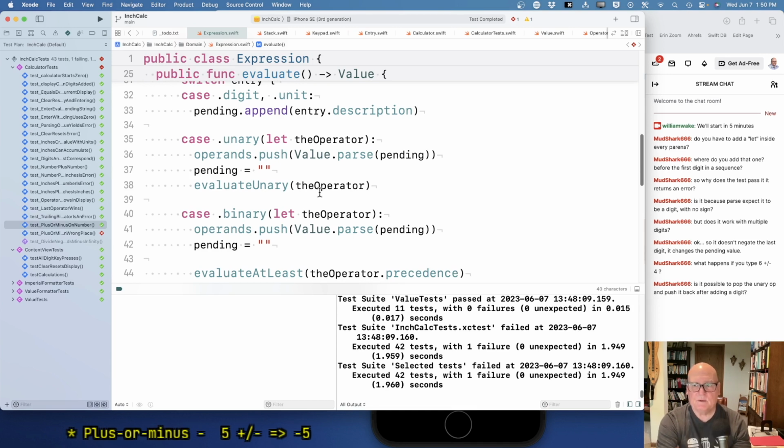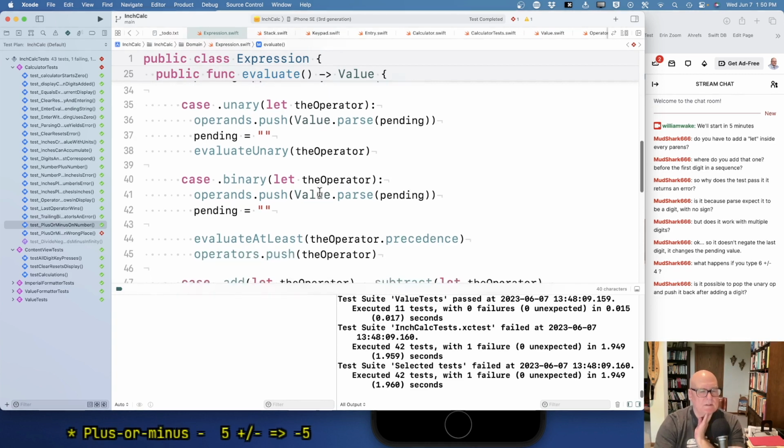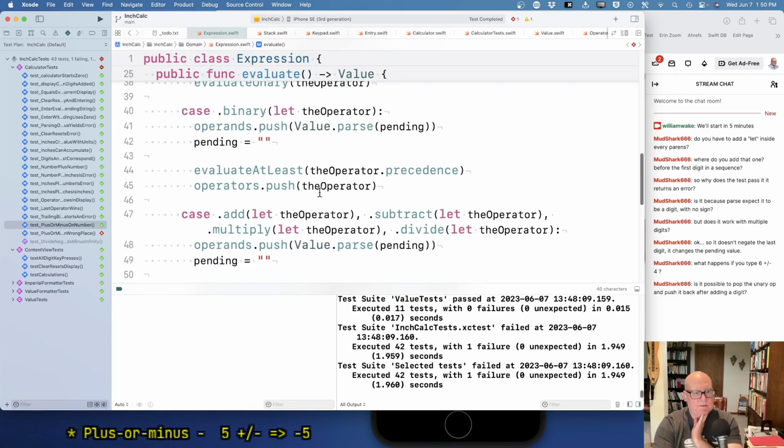Is it possible to pop the unary op and push it back after adding a digit? Yeah, that's an interesting way to look at it.